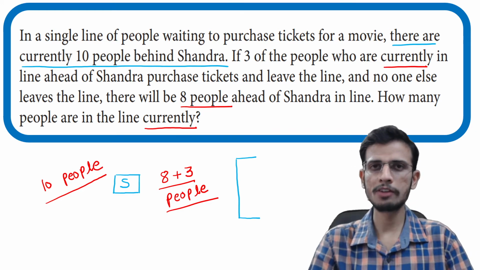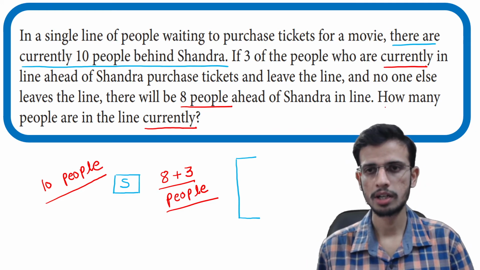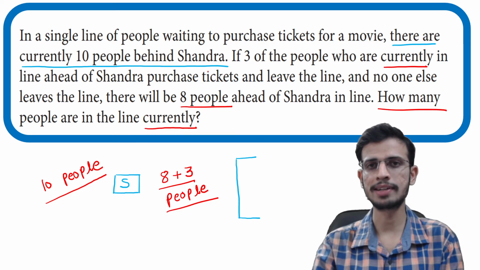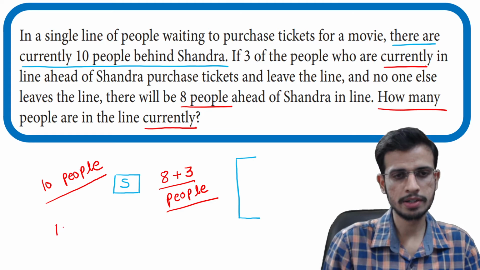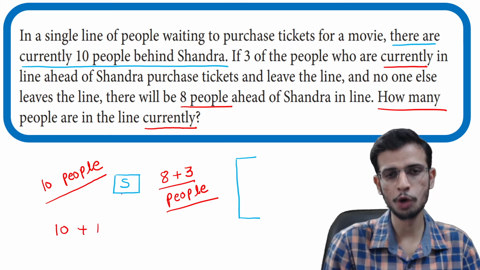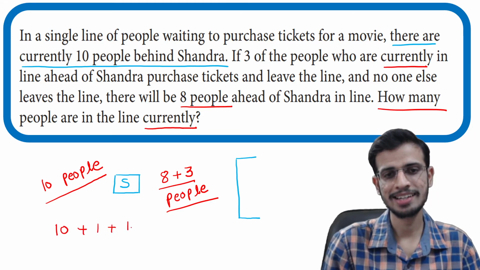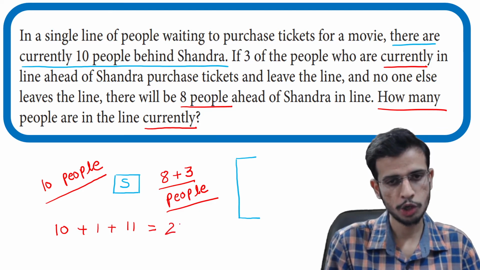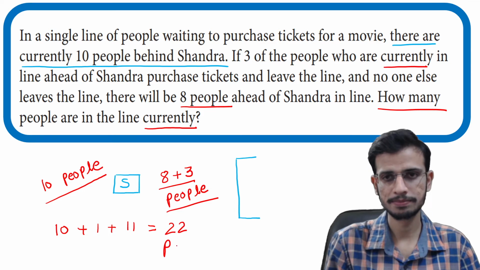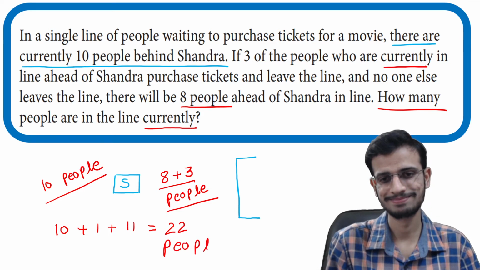So in total how many people will be there? Right? Including Sandra as well, right? We have to find the total number of people. So 10 plus this one, don't forget this one, 11. So there will be 22 persons in the line. Yes or no?